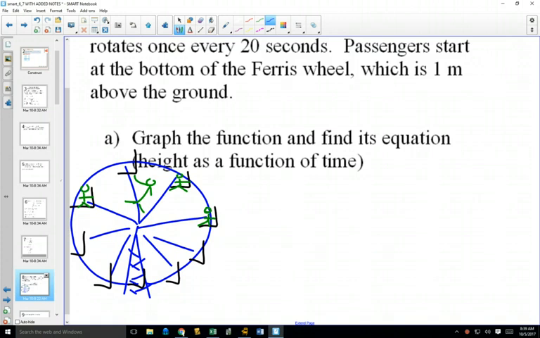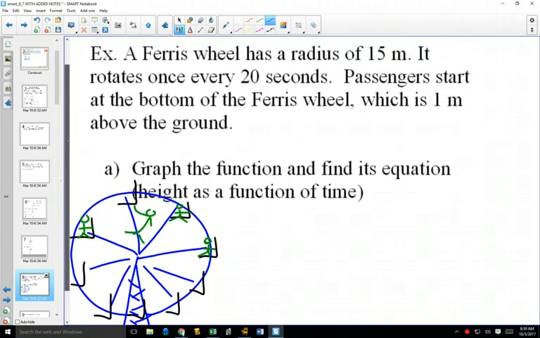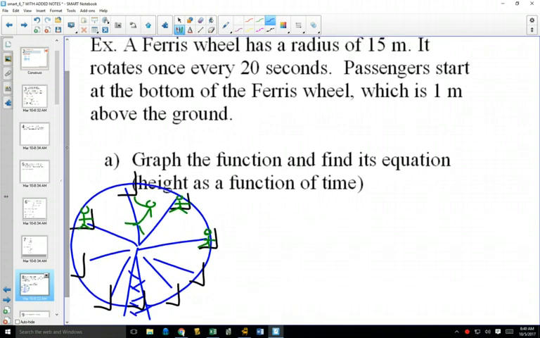This Ferris wheel rotates once every 20 seconds and has a radius of 15 meters. Ooh, we could make this question really interesting if we changed some of the units. So we could make it a 15-kilometer radius, the biggest Ferris wheel in the world, and change it to rotate every 20 milliseconds.